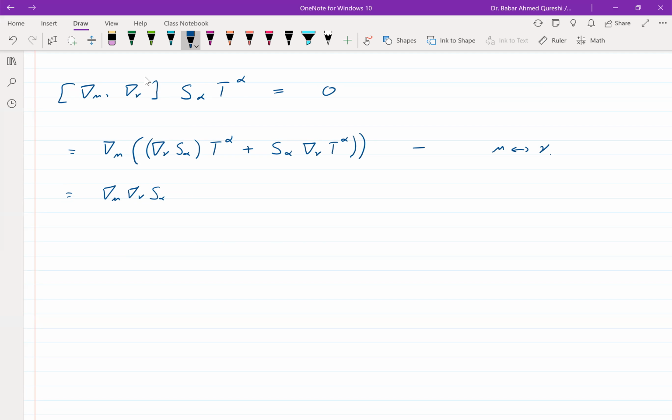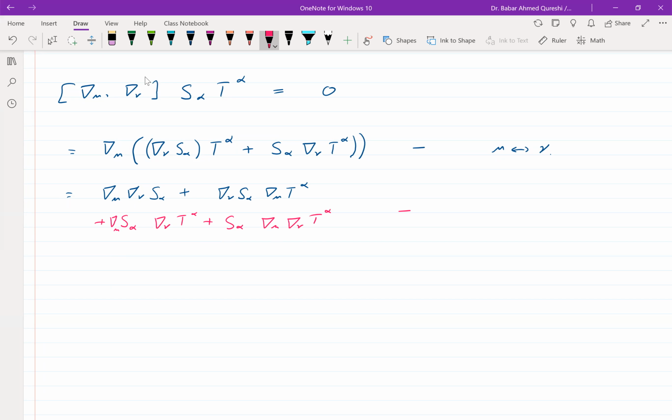And by the Leibniz rule, the next term gives me ∇_ν S^α, and ∇_μ acts on T. And then this other term gives me ∇_μ S^α ∇_ν T_α, plus S^α stays outside and ∇_μ hits the term which already has a covariant derivative.